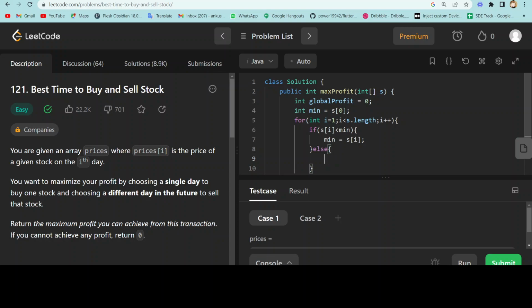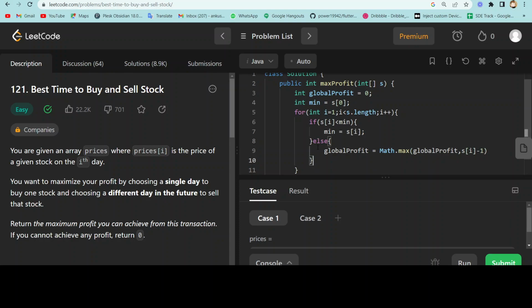Let's say global profit equals, just doing the shorthand, profit equals Math dot max of global profit and s of i minus minimum, right?